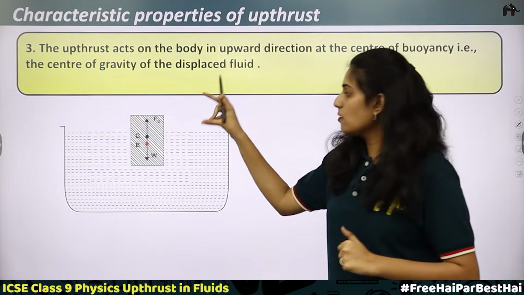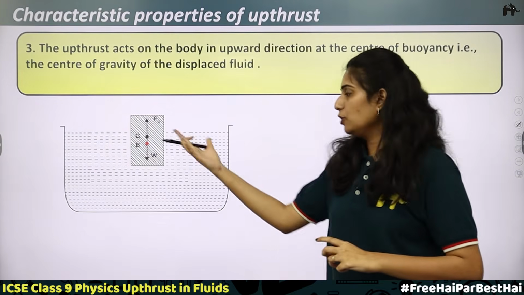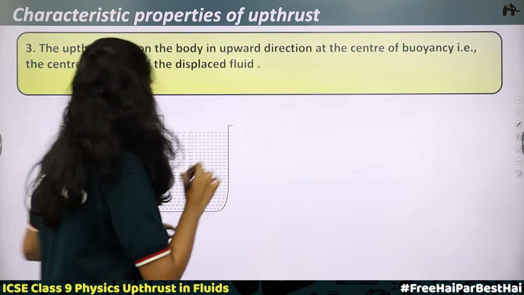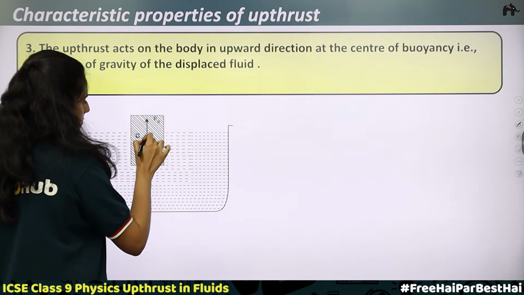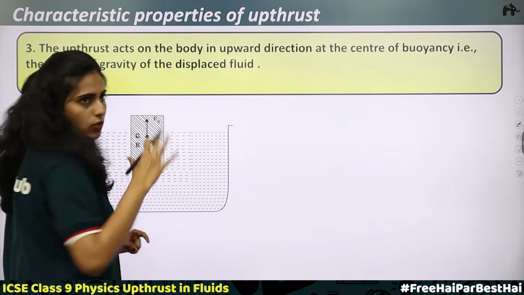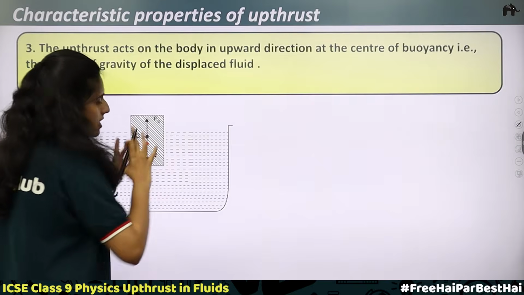Now when a uniform body is immersed in a liquid, you will be able to see that the center of gravity G of the body will coincide with the center of buoyancy when it is fully immersed inside the liquid.